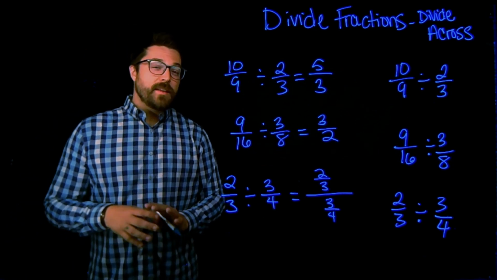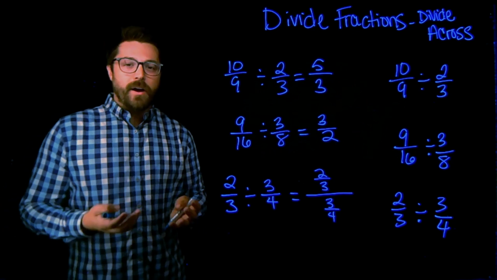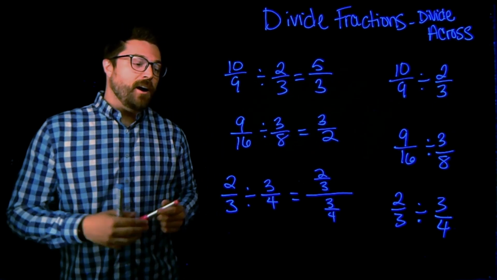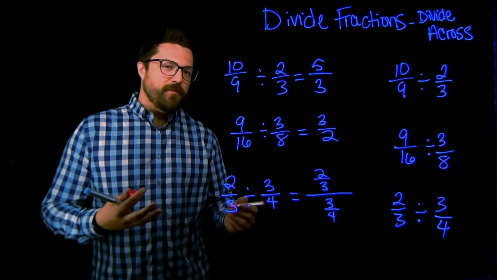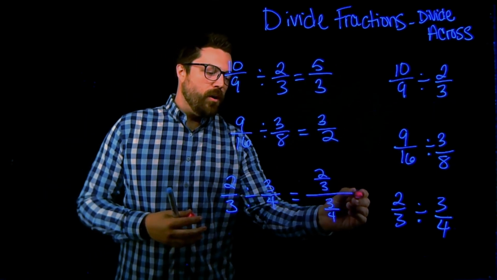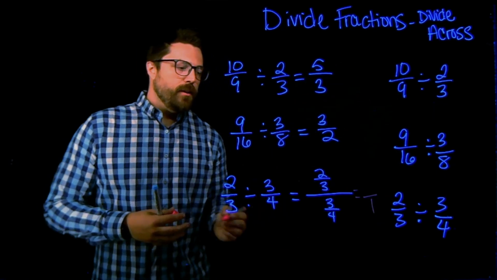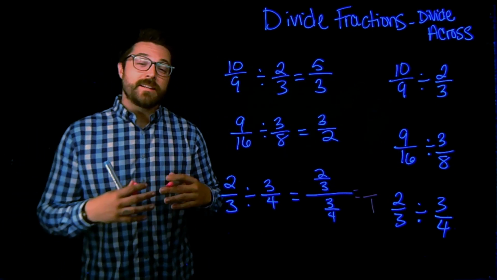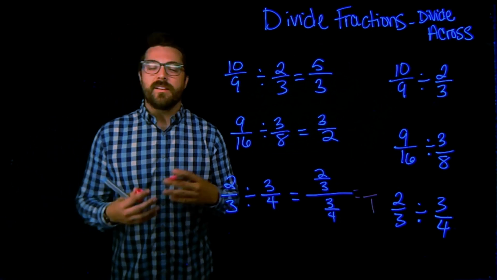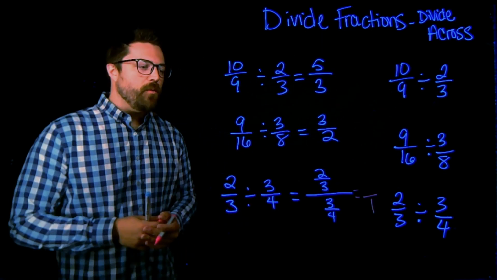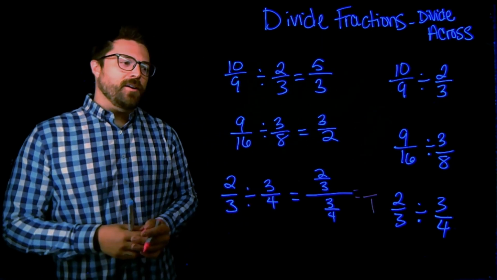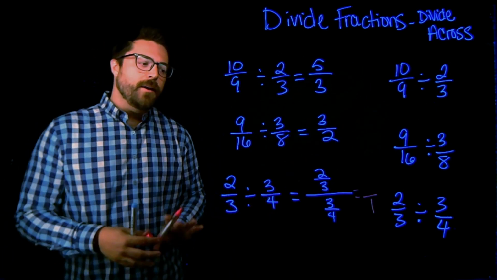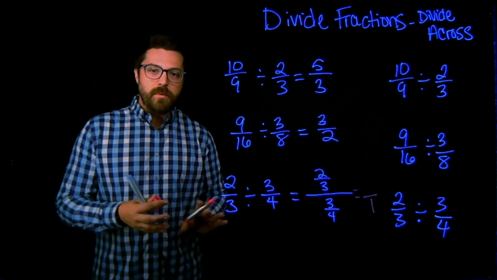Now, something I do know about fractions is that anytime I have a denominator of 1, whatever is in my numerator, something over 1, is just that numerator. 5 over 1 is just 5, 12 over 1 is just 12. So even if I had a fraction in the numerator, if my denominator was 1, I would be okay.